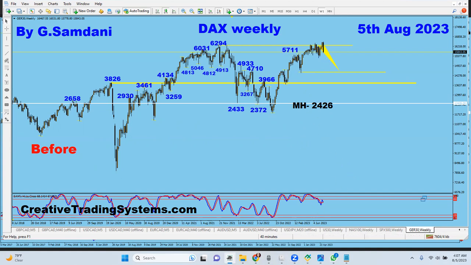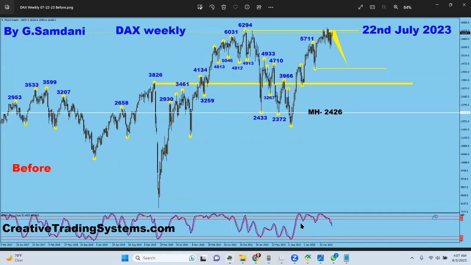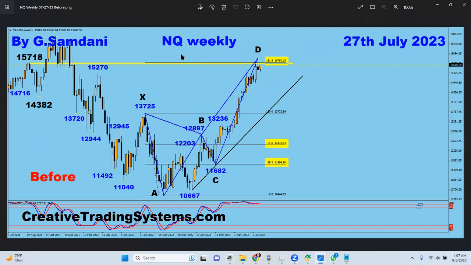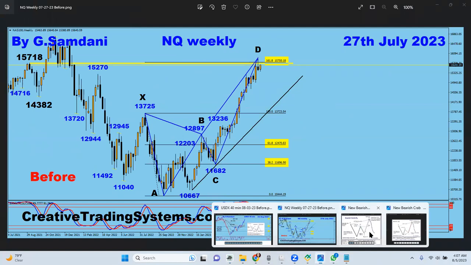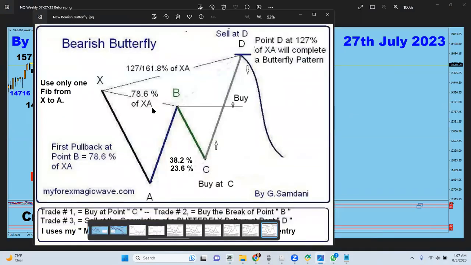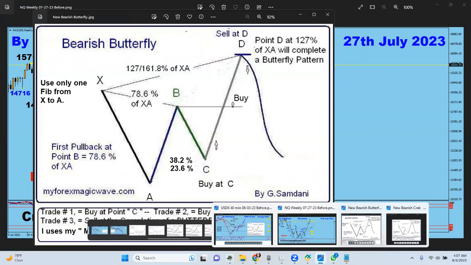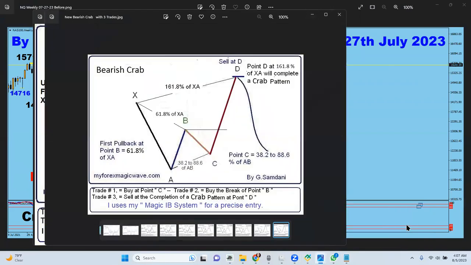So far, so good. The next chart on my radar was this Nasdaq weekly chart, and this is a pattern. This is XABCD, 61 to 38 to 161. Usually it's a crab pattern.